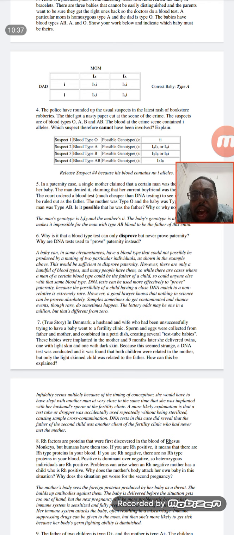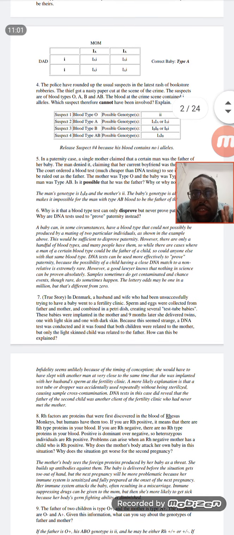The suspects are of blood types O, A, B, AB. The blood at the crime scene contained one I allele, which suspect therefore cannot be involved? Explain. That is the question.